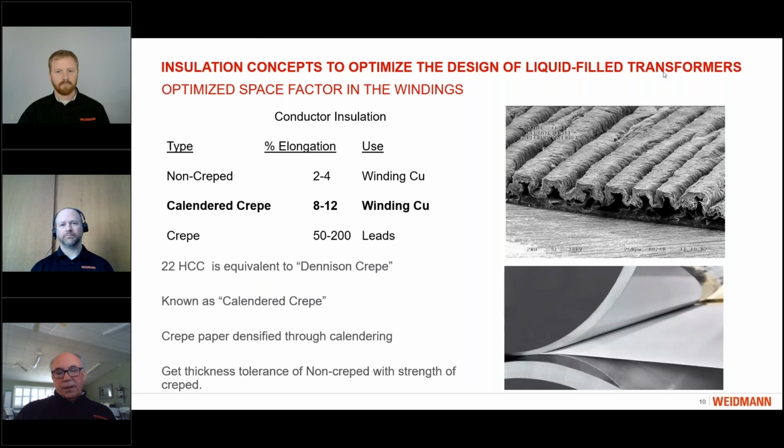So the second process that's used once it's creped is it goes through a calendaring process. This lower right photo is a close-up of a calendar with a paper product going through the calendar. So it's two steel rolls that come to a nip location, and that densifies the paper, and it also gives you a very uniform thickness.